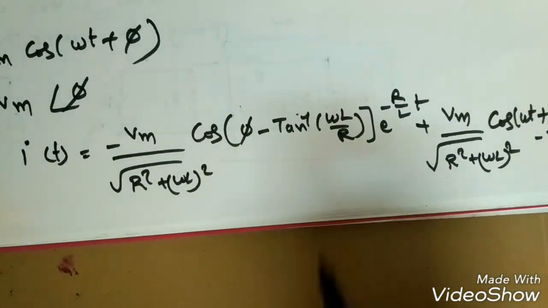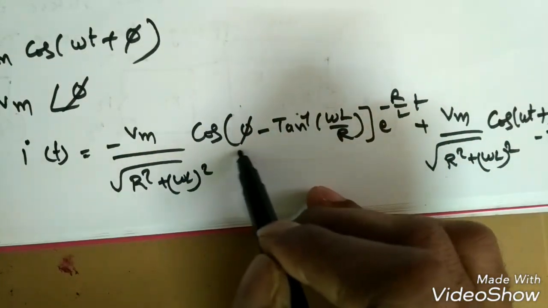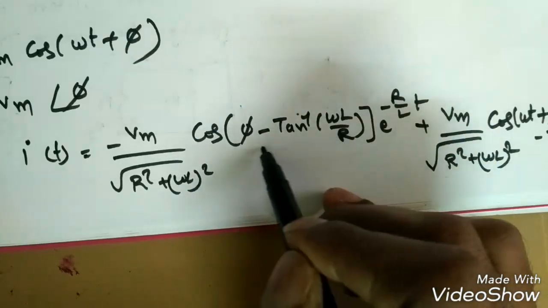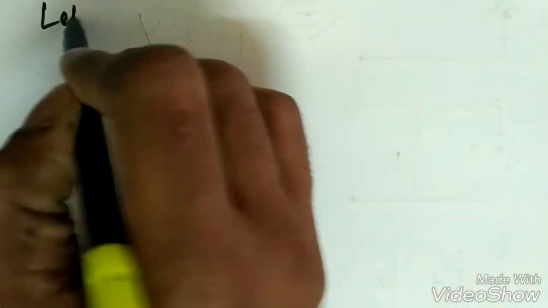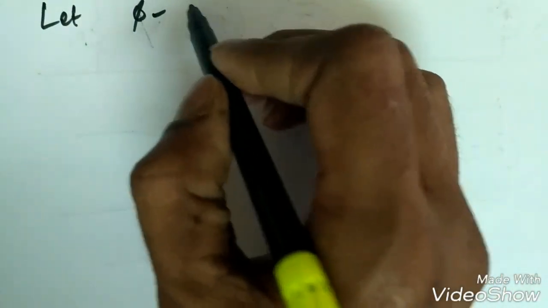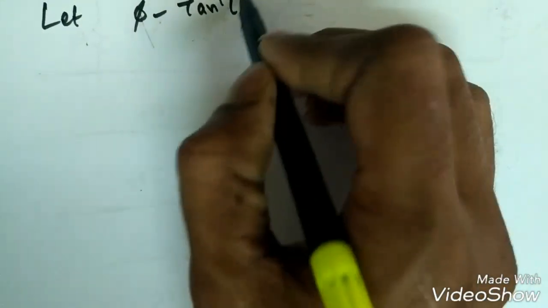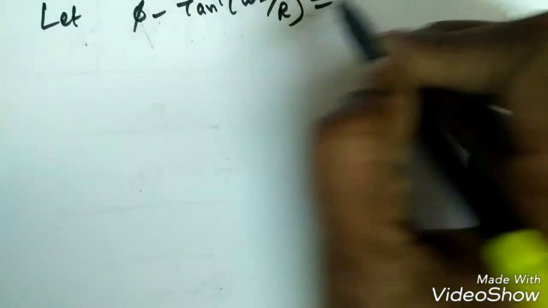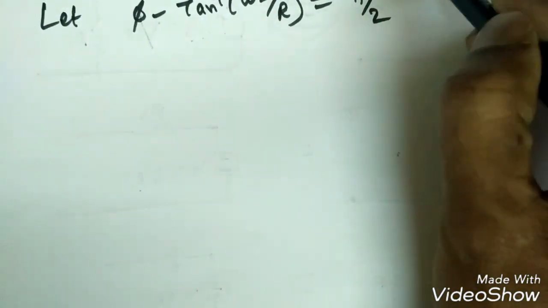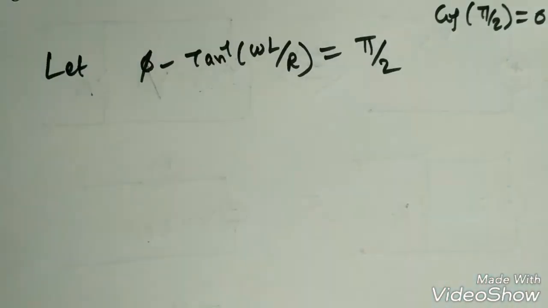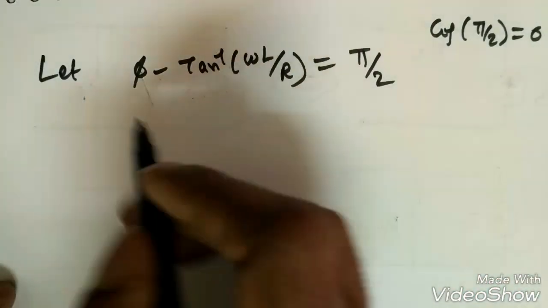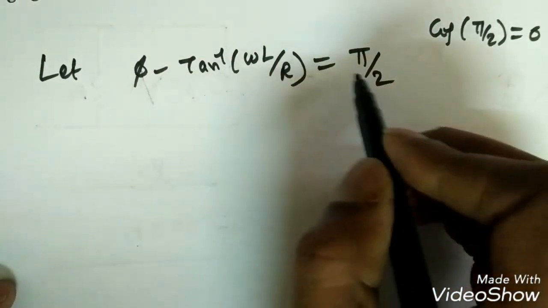Now again, see, we can make this phi minus tan inverse omega L by R equal to pi by 2. Suppose, let phi minus tan inverse omega L by R be equal to 90 degrees. Then only cos pi by 2 will become 0. So to make the transient free condition, cos pi by 2 should be 0. So phi minus tan inverse omega L by R equal to pi by 2.